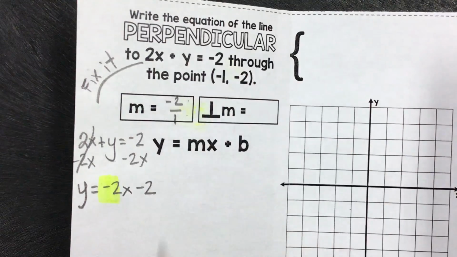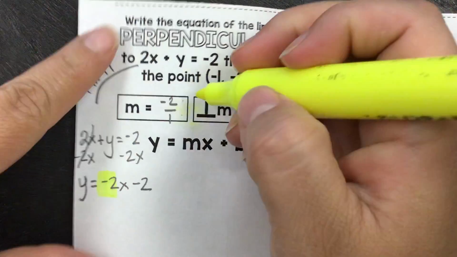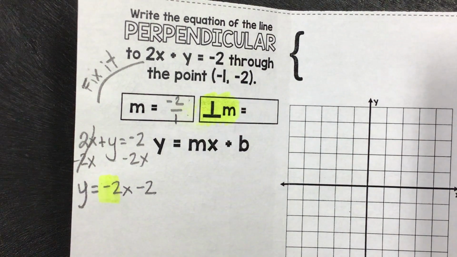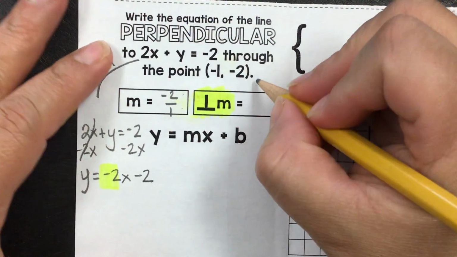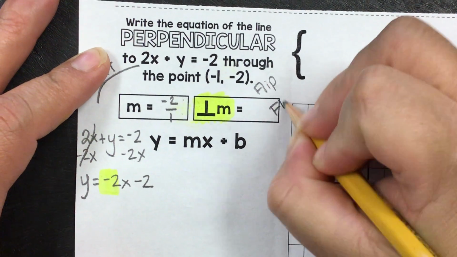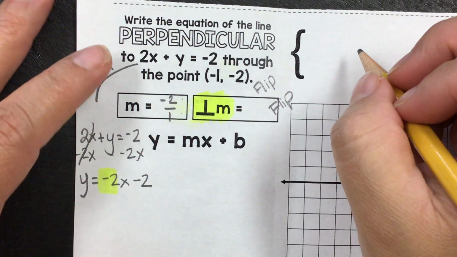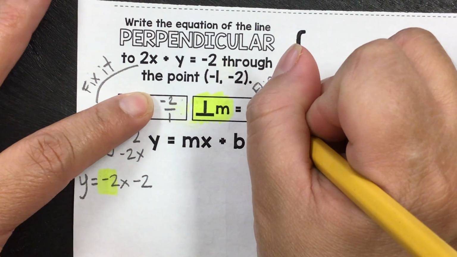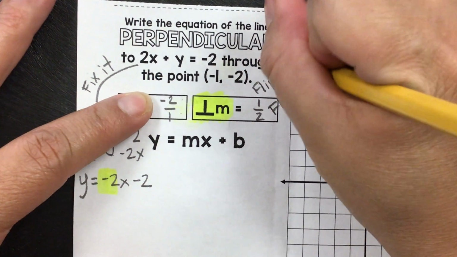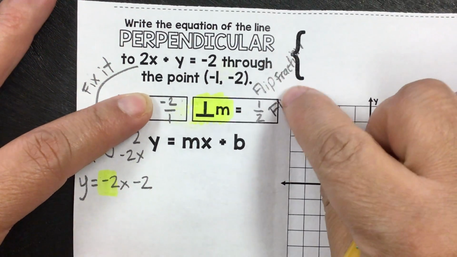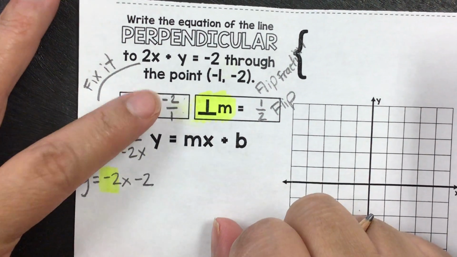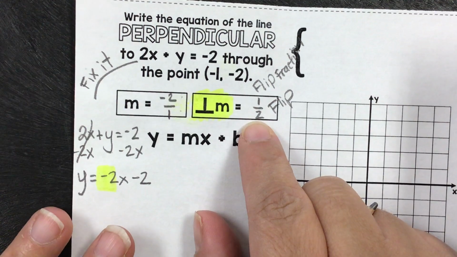But what we have to use is the perpendicular. We want to write perpendicular lines. So we have to use a perpendicular slope. And I called it flip, flip. We had to flip the fraction, so now we have a 1/2. And then flip the sign. This one was negative, so our perpendicular has to be positive.